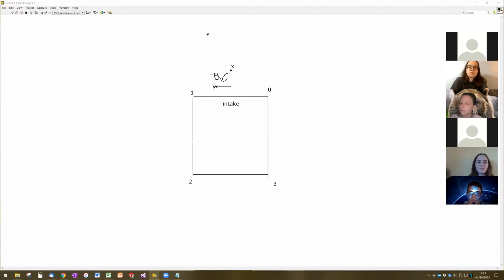So each Swerve module has 2 motors. It's got the motor that drives the wheel, which we call the drive motor.